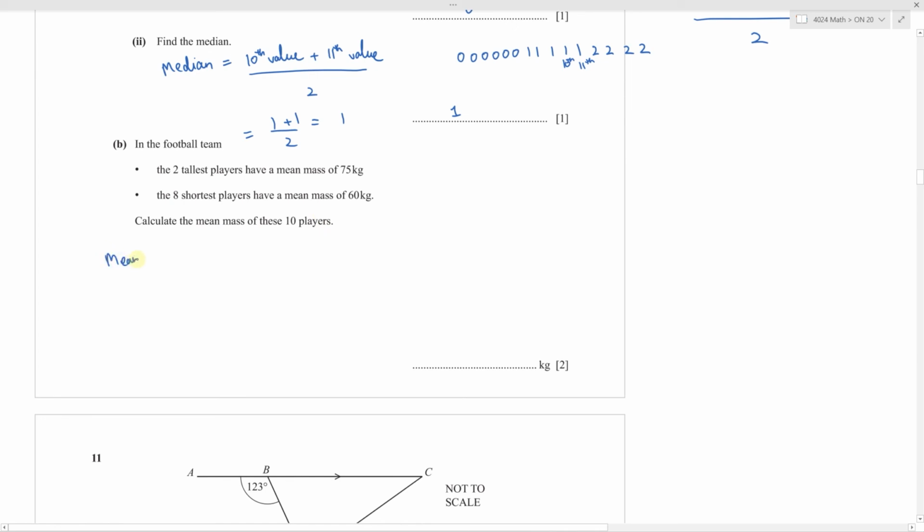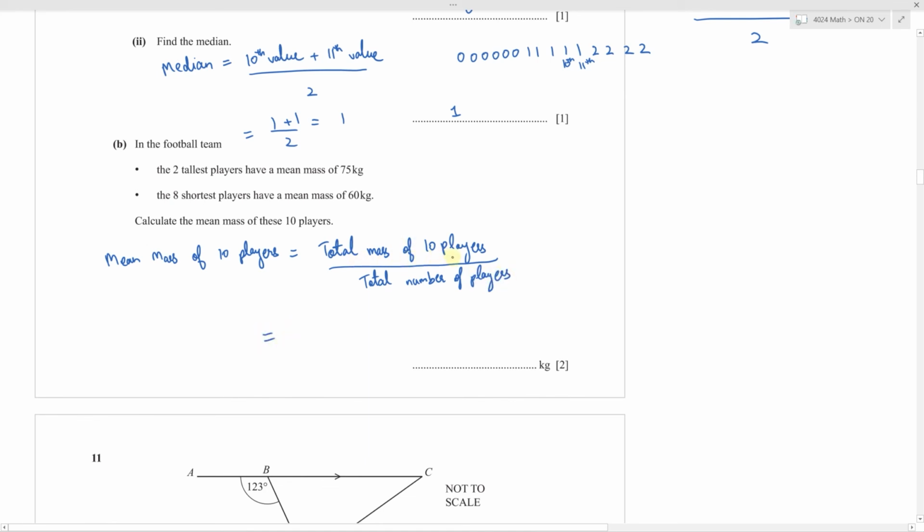So mean mass of 10 players will be equal to total mass of 10 players divided by total number of players, which is 10 in this case.